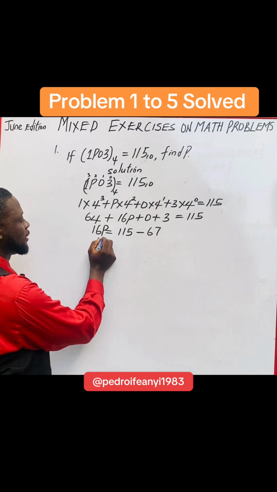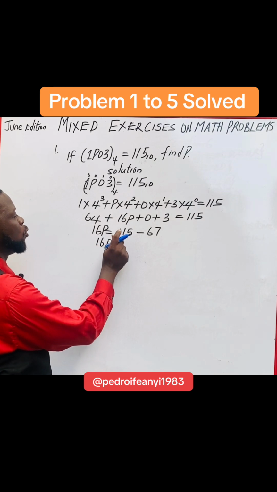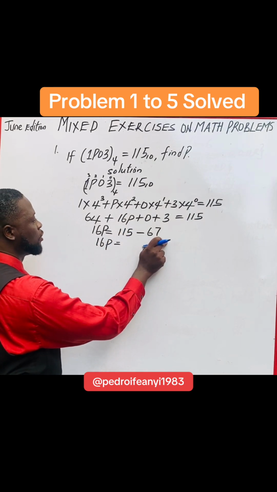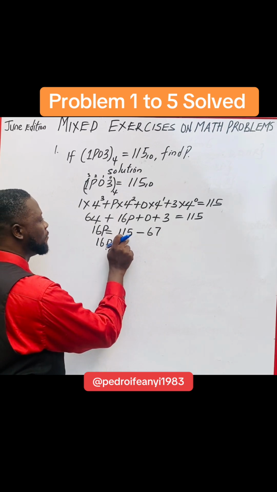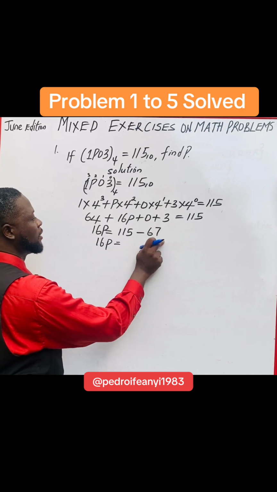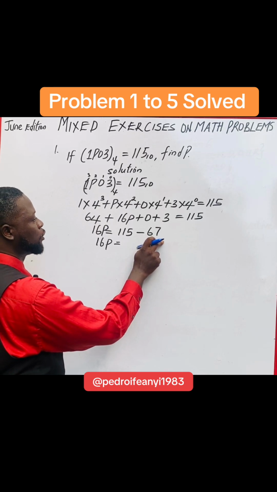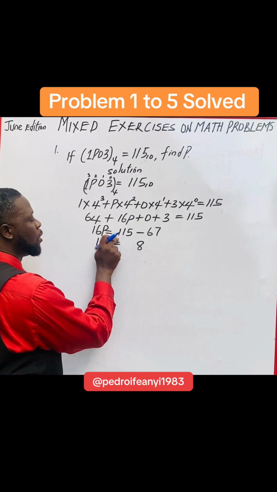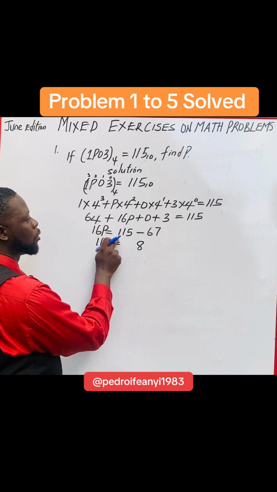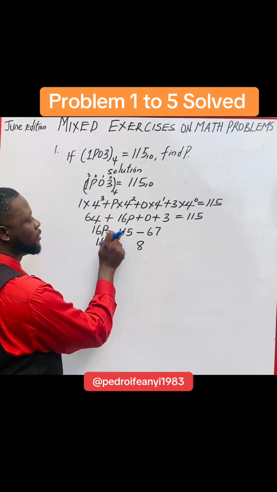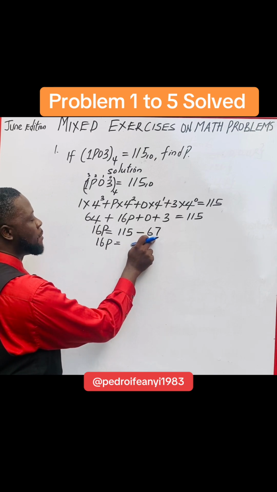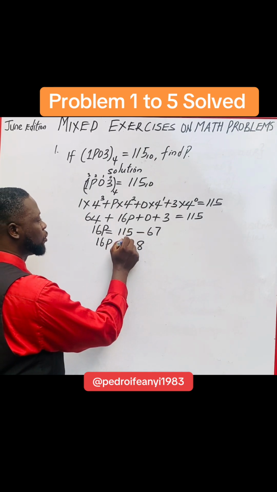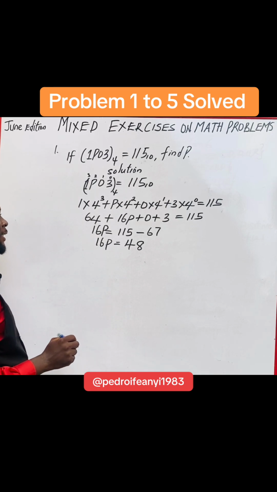Here we have 15 minus 7, we have 8, right? We're left with 1 here. This one is already taking 0, so 10 minus 6, we have 4. So we have 48.